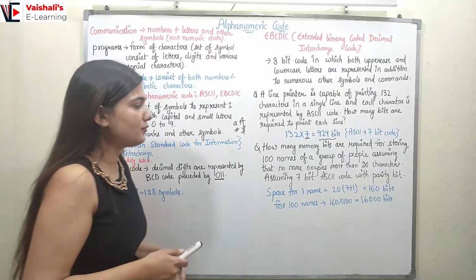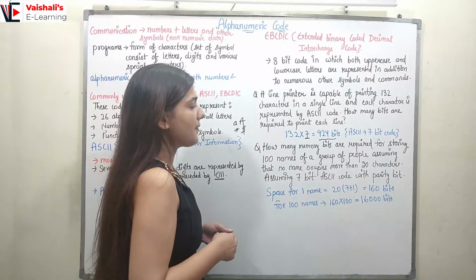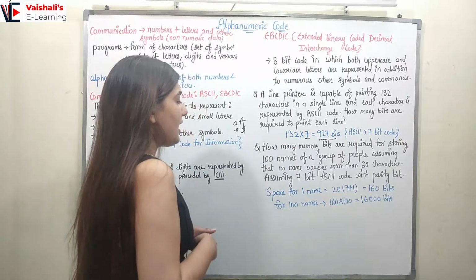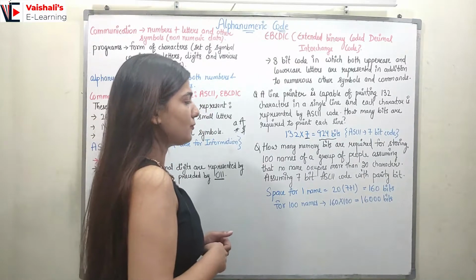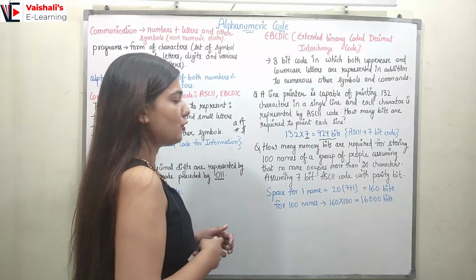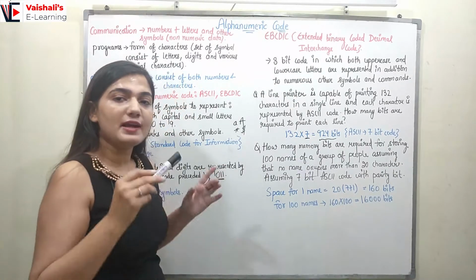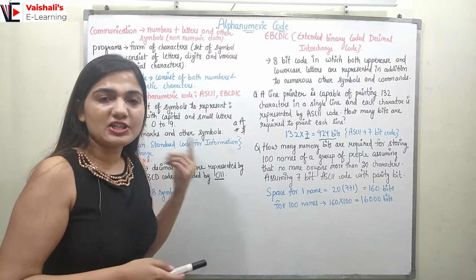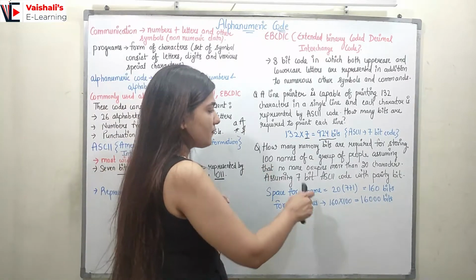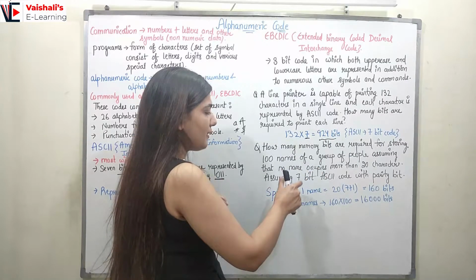7-bit code. Now coming to the second question: how many memory bits are required for storing 100 names of a group of people, assuming that no name occupies more than 20 characters, assuming 7-bit ASCII code with a parity bit. So now here we have one more bit in addition to the ASCII code, that is the parity bit. So what is the space for one name?